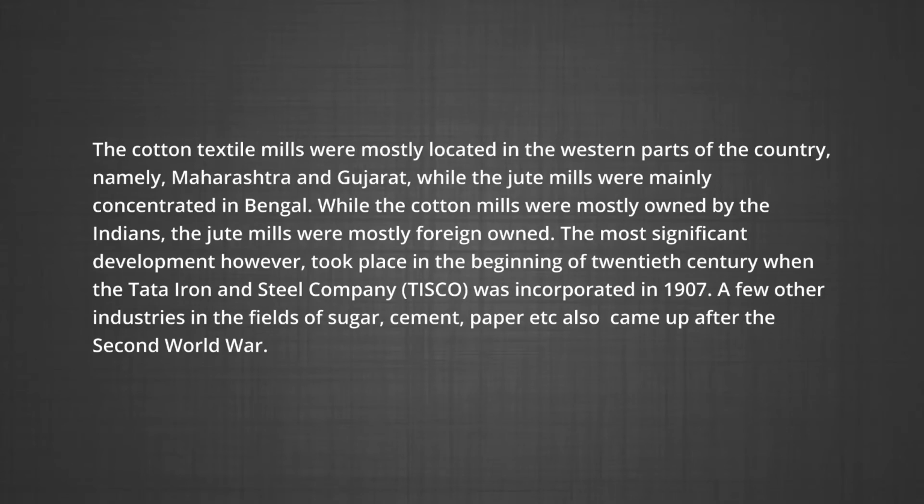The most significant development, however, took place in the beginning of the 20th century, when the Tata Iron and Steel Company (TISCO) was incorporated in 1907. A few other industries in the fields of sugar, cement, paper, etc. also came up after the Second World War.